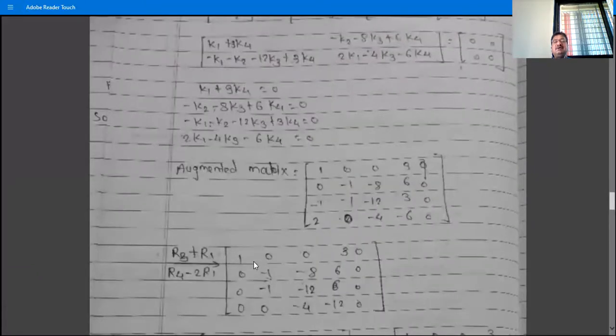And we know that if a homogeneous system has a unique solution, then it must be the zero solution. That is, all the values of the unknowns are equal to 0. So we have K1 is 0, K2 is 0, K3 is 0, K4 is 0. And all constants K1, K2, K3, K4 are 0.